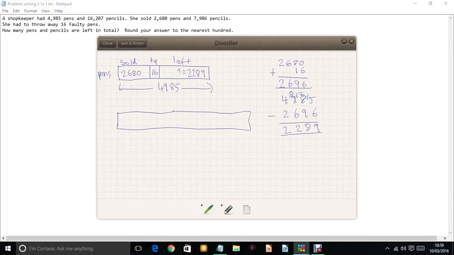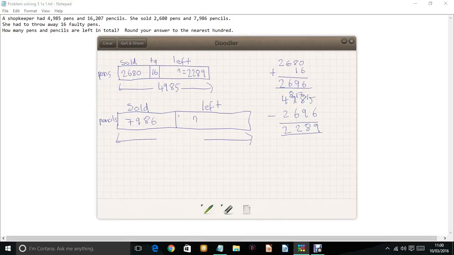There we go. So this is the pencils. This is how many were sold. How many were sold? 7,986. And this is how many were left. Again, it's what we're trying to calculate. And we do know what the total is, the total number of pencils. Let's be good and label everything.